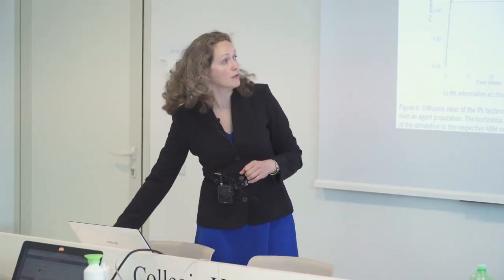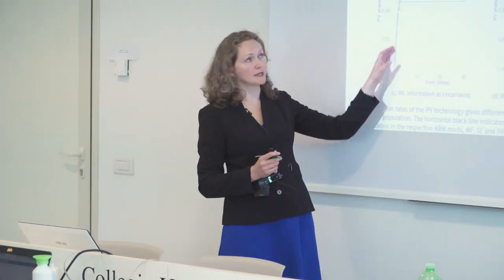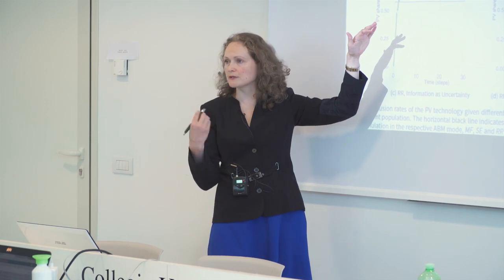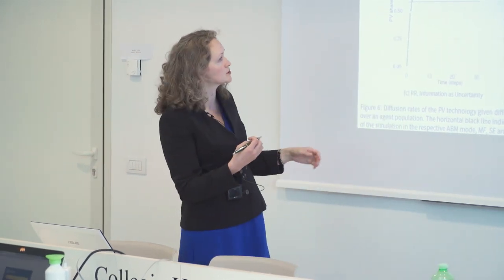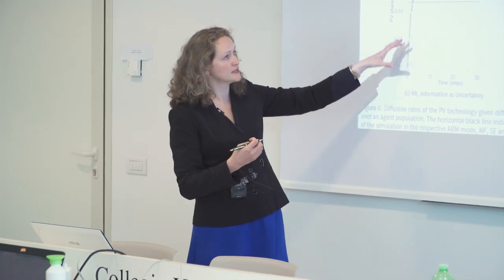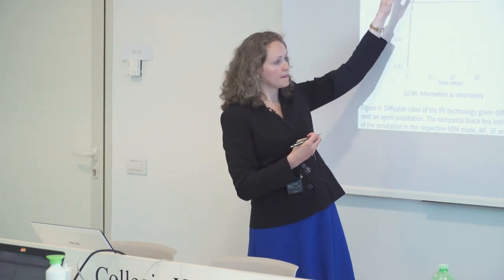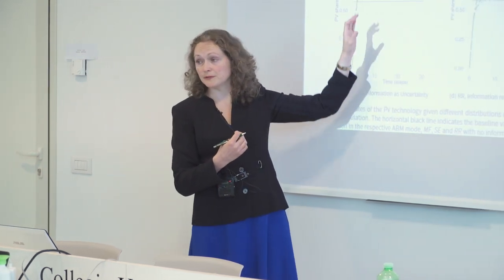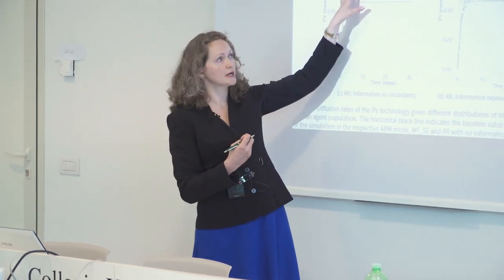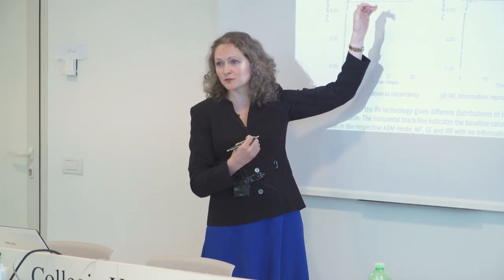And what we do know, and here we are reporting again the diffusion curves of households undertaking or not this action, which was PV installation. And what we do see with the same data, depending also how information was implemented in the model and depending on the distribution of data, you could actually get very different diffusion rates.